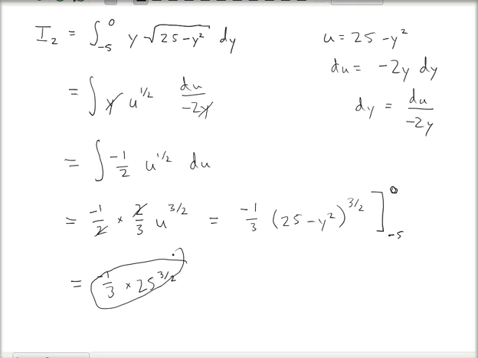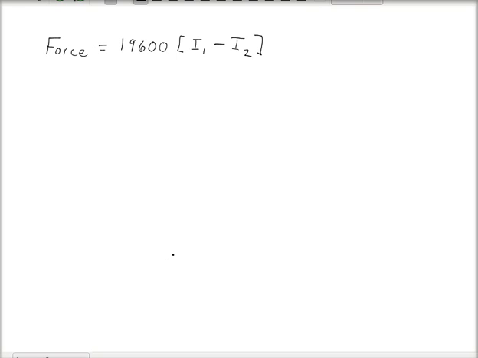So I've done both of my integrals now, and I can just put everything together. So remember, force was equal to 19,600 times I1 minus I2. And I1 was 62.5 times pi/2. And I2 was -1/3 times 25 to the 3/2.